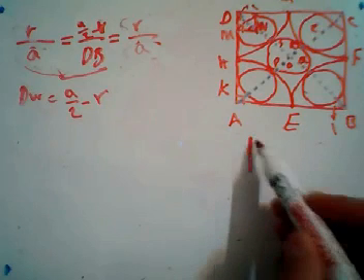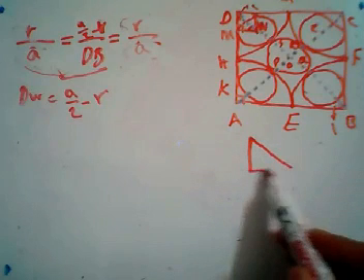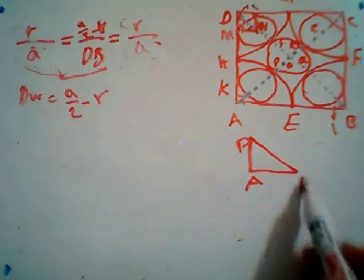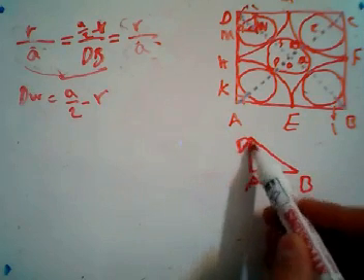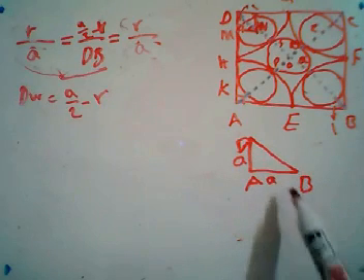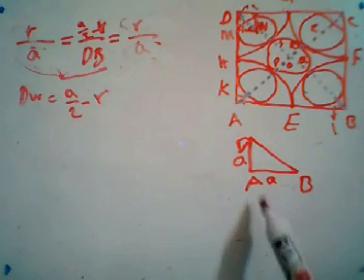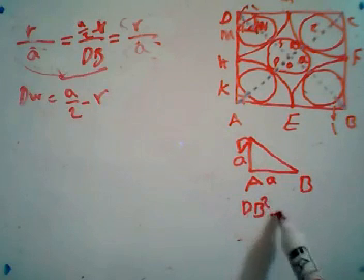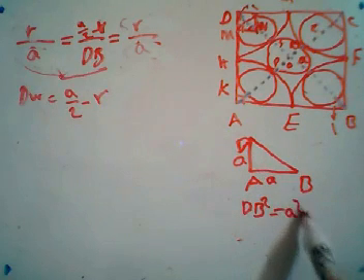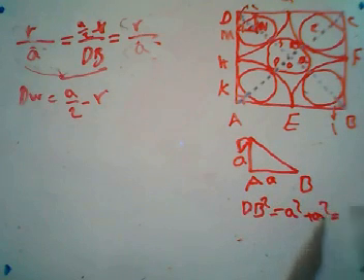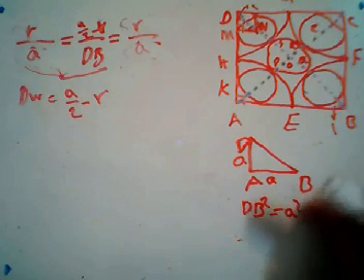I draw it here again, this is triangle DAB, and this is A also, and by the theorem DB squared equals A squared plus A squared, which is 2A squared.